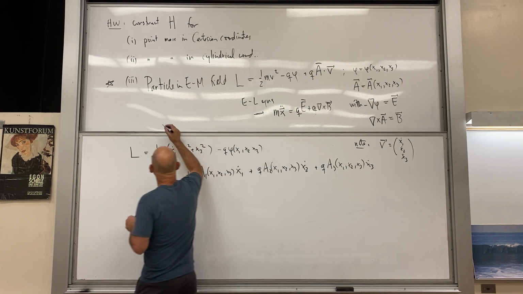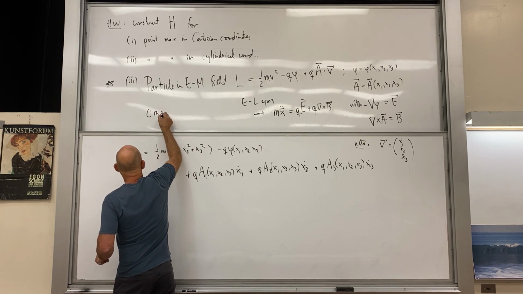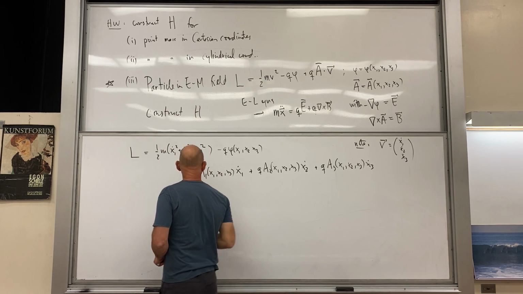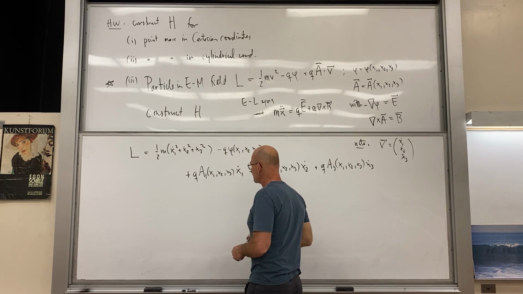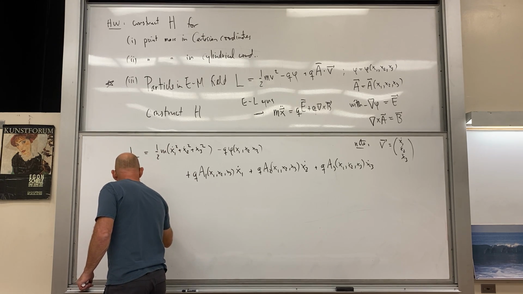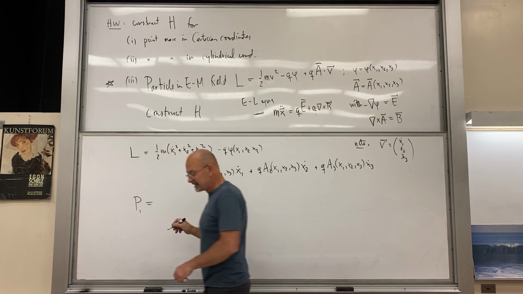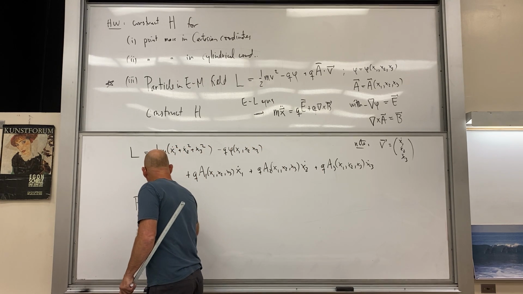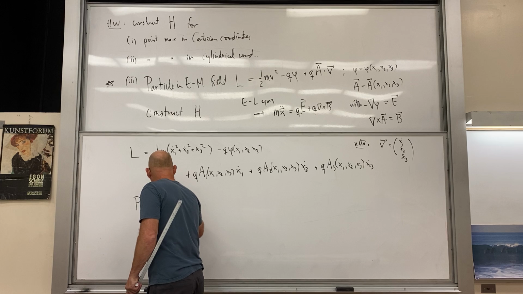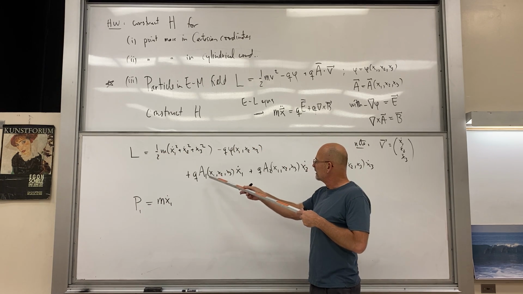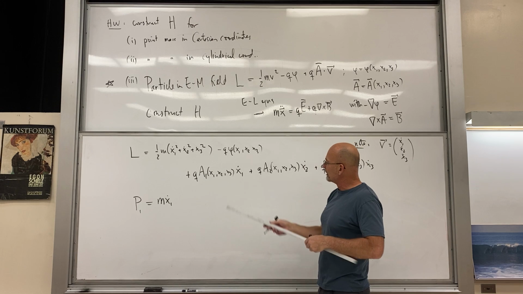Yeah, so you want to construct the Hamiltonian. So homework, construct H, construct the Hamiltonian. We can already see p sub 1, which is dL/dx1 dot, is going to be m x1 dot. Well, that's the ordinary linear momentum, but we also have x1 dot right here.